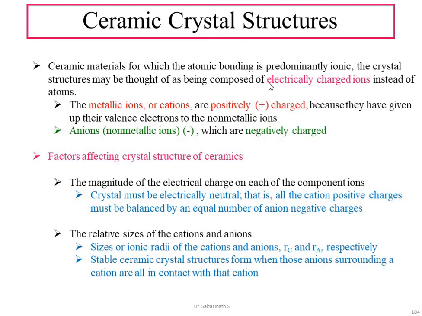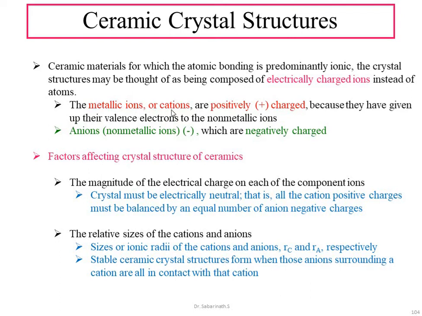Here we are totally changing the concept of atoms in ceramics. We are replacing them with electrically charged ions. So while going deep into the structures of ceramic materials, don't think about atoms, just imagine ions.